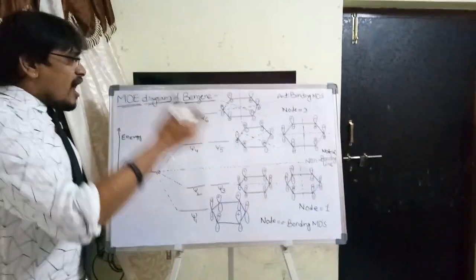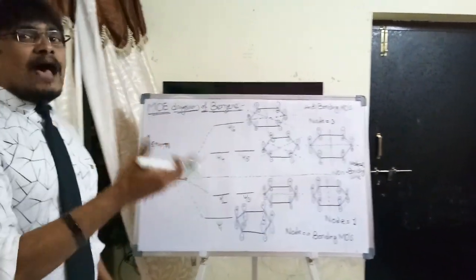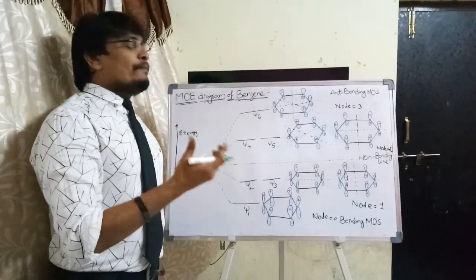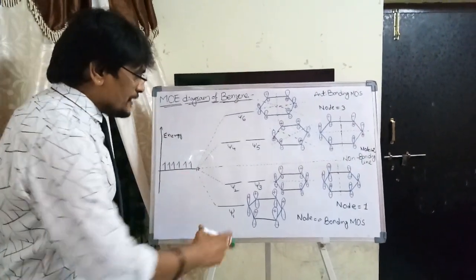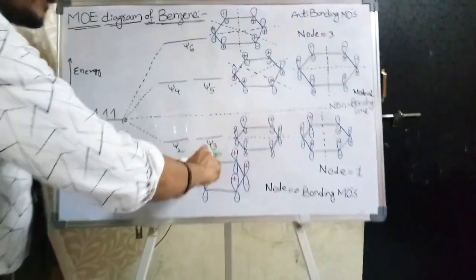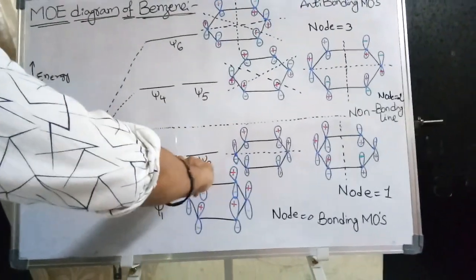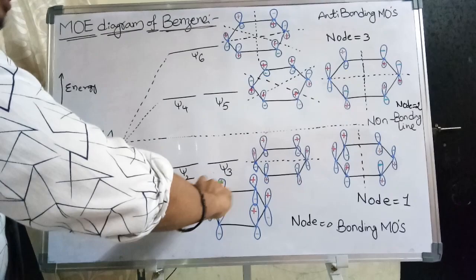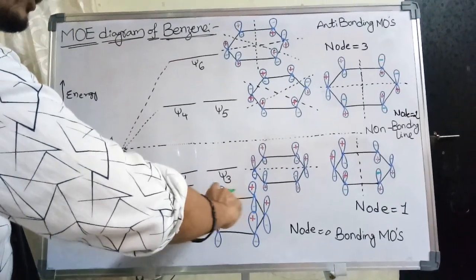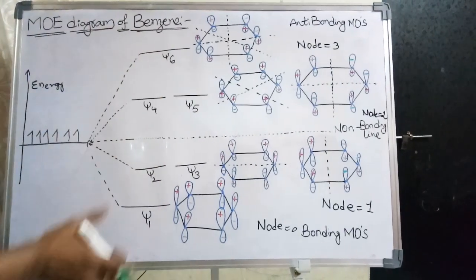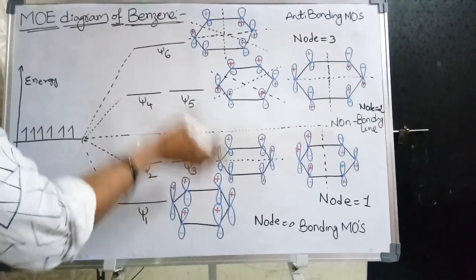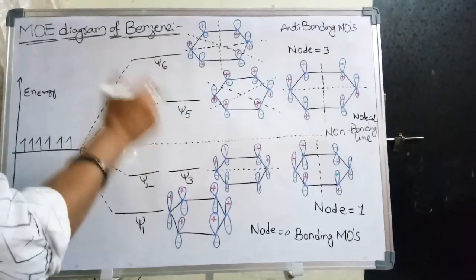So as we are moving up, what is happening? The overlapping is decreasing, right? See, here maximum overlapping. All the upper lobes are in the top face and all the lower lobes are in the bottom face. So maximum overlapping, maximum is the stability.